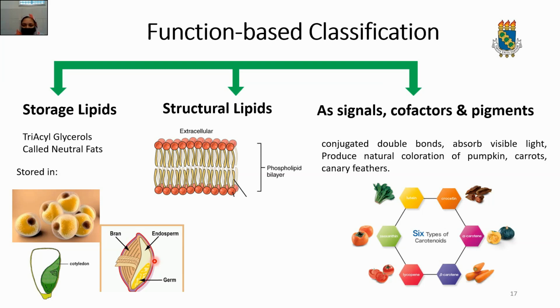Apart from it, we can see the different colors in the feathers of the birds. They are also because of these pigments, these lipids, which serve as pigments. Apart from it, different cofactors, structurally they are also lipids.